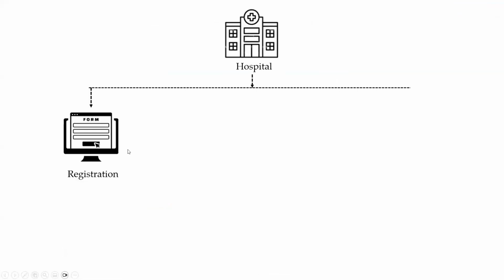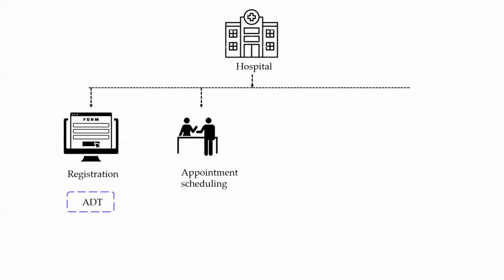So we have hospital. All the registrations are called ADTs. ADT stands for admit, discharge, and transfer. And this is called the message code. This message code will help us to differentiate what are the categories that we have. Okay. Second one is scheduling.